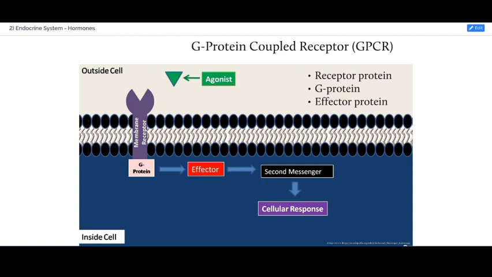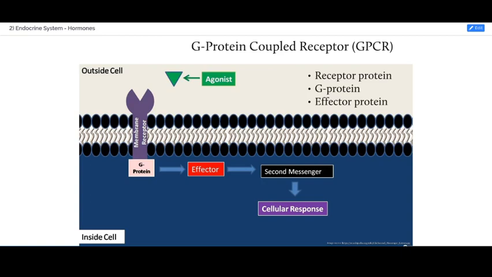The agonist, or the molecule that binds to it, which would be a hormone for the endocrine system or a neurotransmitter for the nervous system, fits into the receptor protein that's in the cell membrane and activates the G protein, which then physically moves over to activate the effector protein, which will then make the second messenger, which causes the cellular response inside the cell, since the agonist, or the hormone in our case, can't get inside the cell.